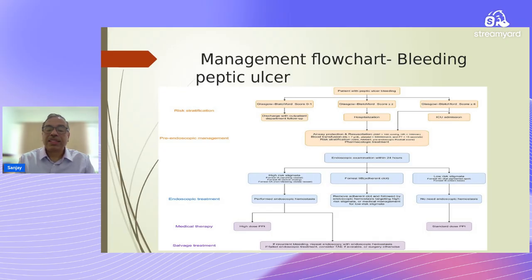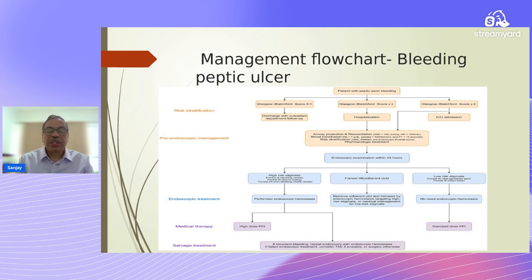Pulse rate should be less than 100. Initiate blood transfusion to keep the hemoglobin at more than 7 gram, and prothrombin time at almost 10 seconds. Risk stratification should be done by Glasgow Blatchford score. If it is 0 to 1, discharge from the outpatient department. If it is more than 2, hospitalize and start the treatment.